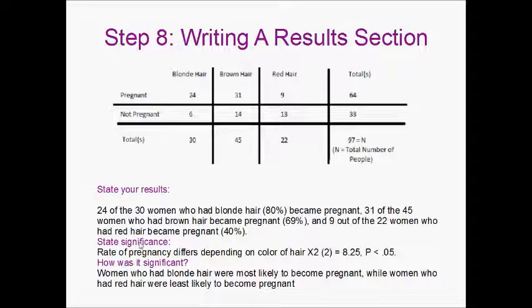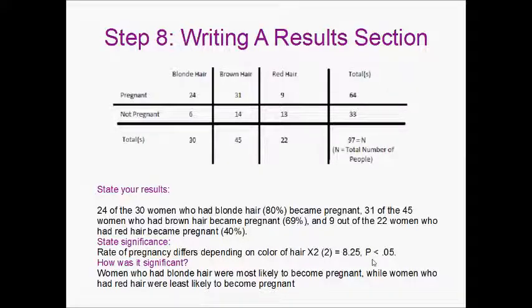And then you're going to say whether or not it's significant. Well, in this case it was significant because it was higher than 5.99. So we're going to say rate of pregnancy differs depending on color of hair. We're going to write chi-square, in parentheses, the degrees of freedom, equals 8.25, comma, p is less than 0.05.